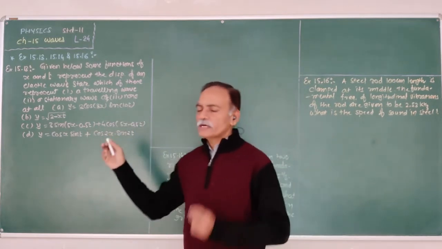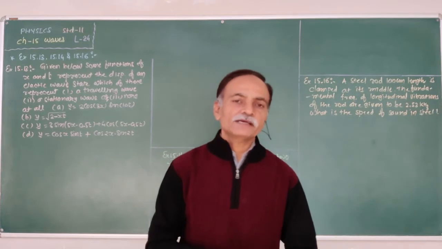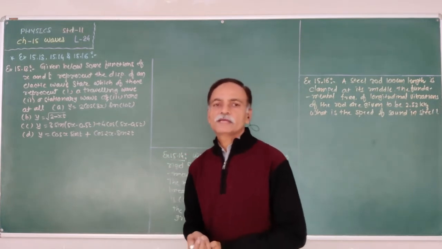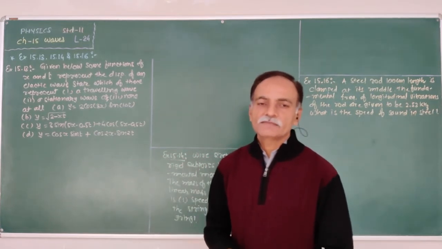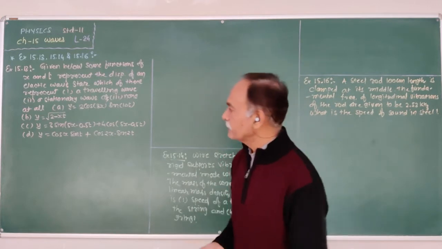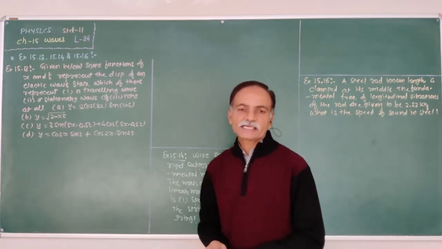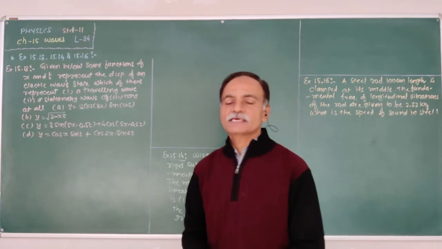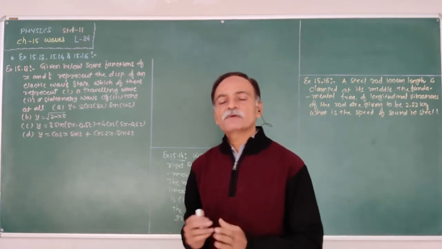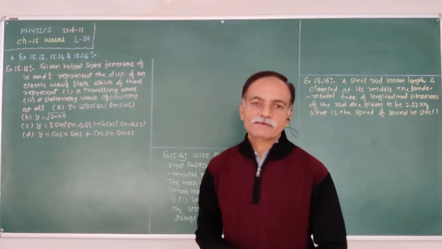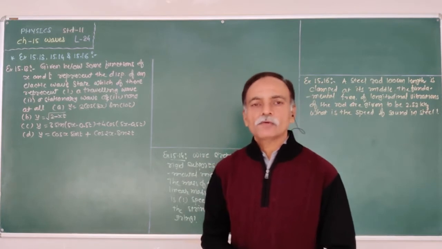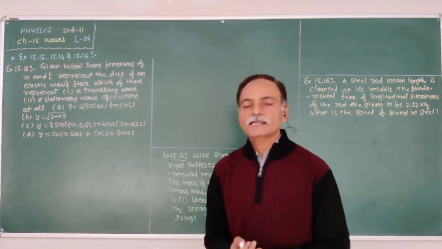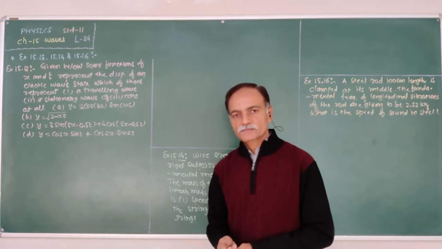Here the four equations of displacement of a wave in an elastic medium are given. We have to state which type of wave each displacement represents, either the stationary wave or the traveling wave, or whether the displacement cannot represent any type of wave.